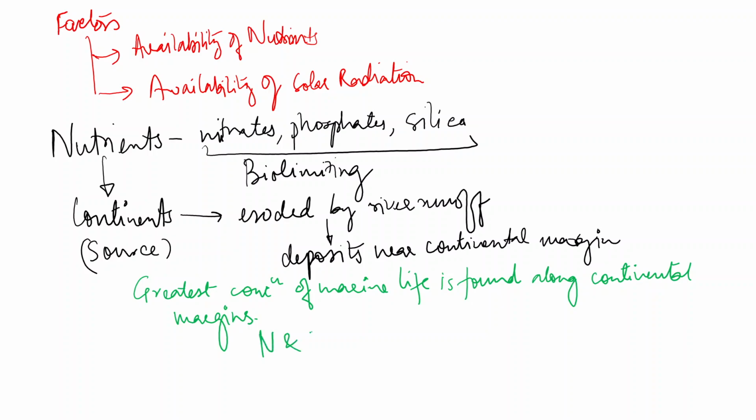Nitrogen and phosphorus are the most important limiting elements for the production of phytoplanktons. Carbon does not limit productivity. You should remember that. Carbon does not limit productivity because it is present in great quantities in oceans.